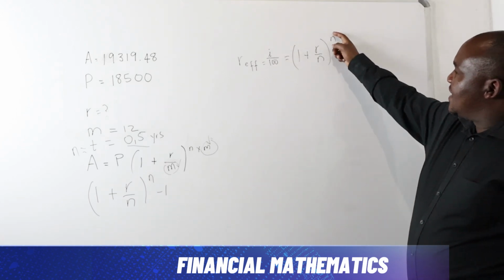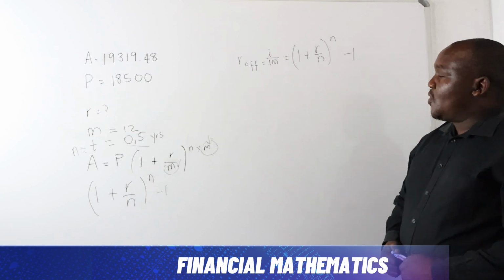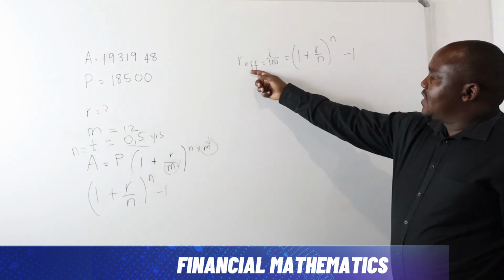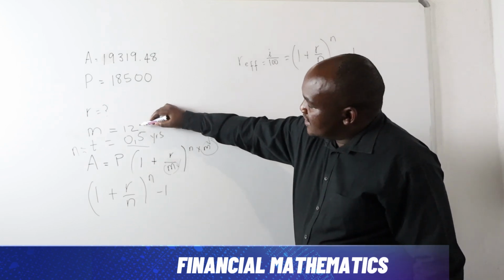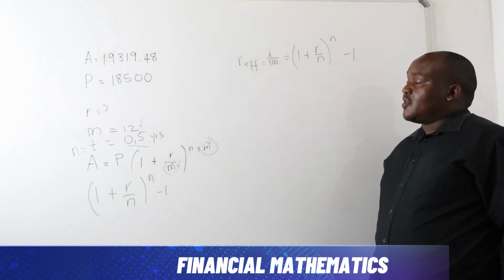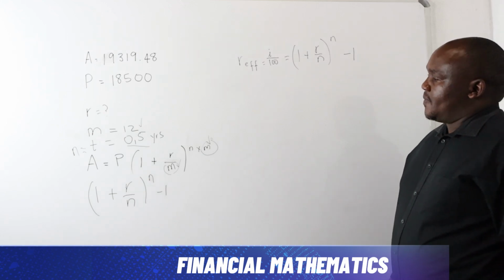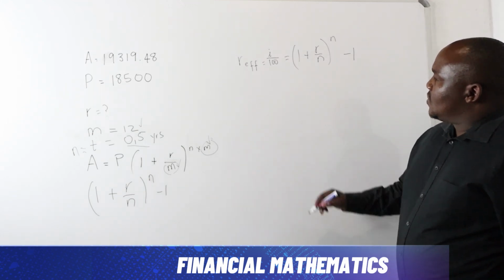Now we are told that the N for the effective is for the whole year. For effective, we consider N for the whole year, which is the same as M. We are calculating for the whole year, which in this case is going to be 12.